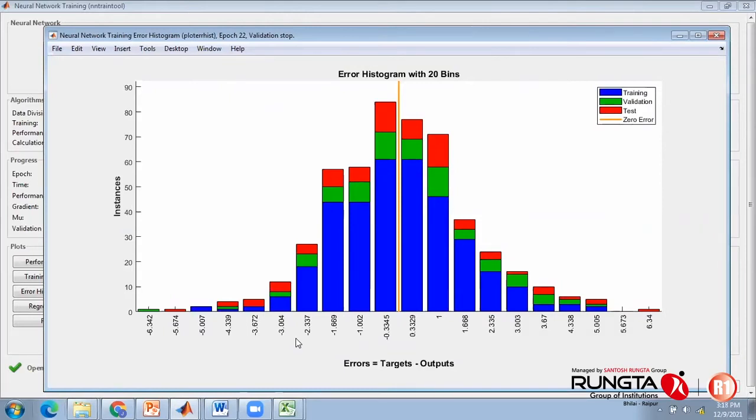Now, what is the meaning of normal distribution? Once you fit a probability distribution function to this entire graph, it will give you almost a bell-shaped curve. Now to check whether it is normally distributed or not, we will check it on this side. 6.34 on the plus 3 sigma limit and minus 6.34 on the minus 3 sigma limit.